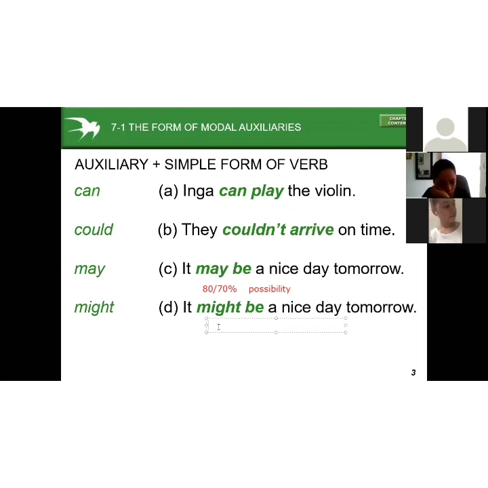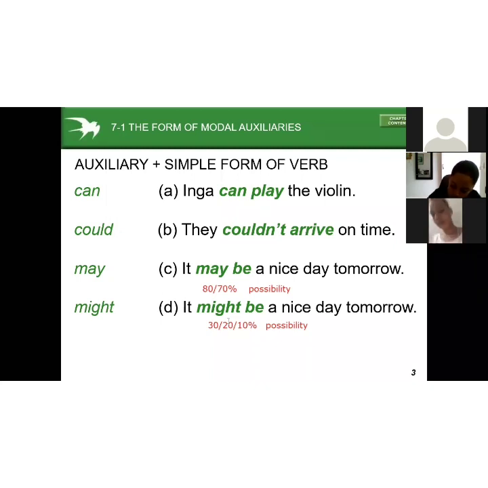In the case of might, I told you that might is like either the 30, the 20, or the 10% of the possibility, right? Which means that here in the first one you see may, you're sure, and here in the second one you see might, you are not very sure about it.